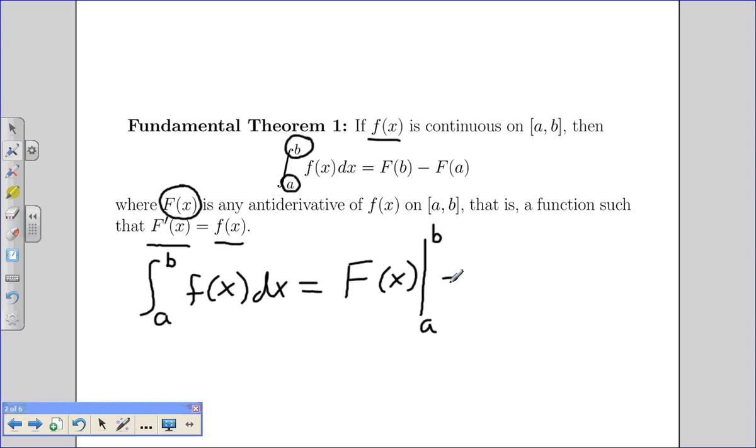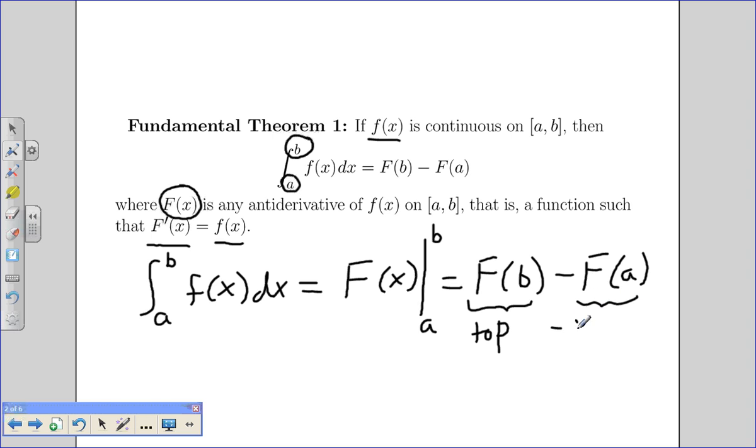Then you plug in: you take the b and put it in there, and you take the a and put it in there, and you take the difference. It's always the top minus the bottom. That's how all these integrals are going to work. So you have one additional step to what you were integrating before, and that's plugging in the numbers.